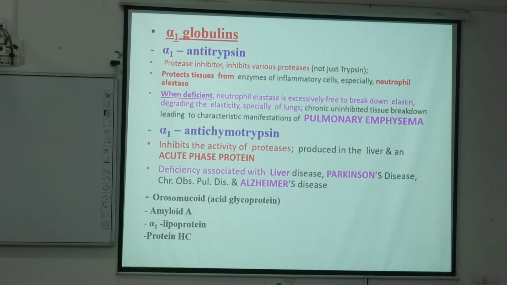I will show you an X-ray picture of what a normal lung looks like and what an emphysema lung looks like, and that will be basically due to alpha 1 antitrypsin deficiency.